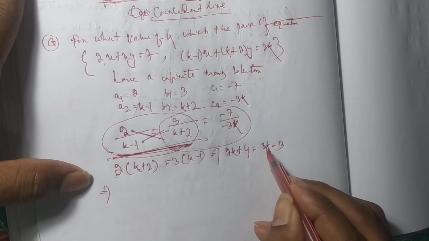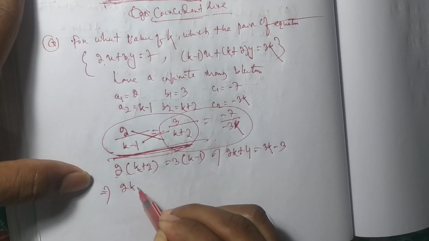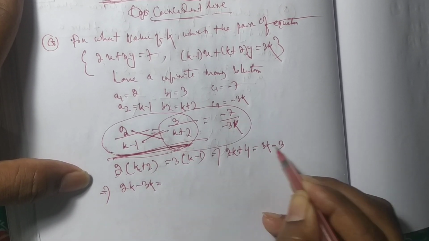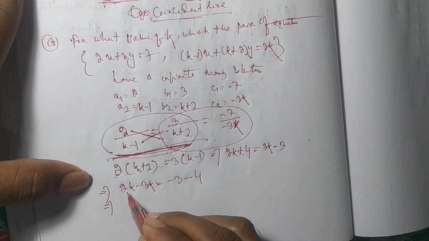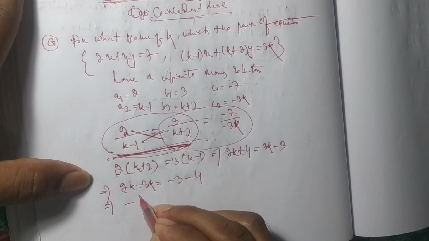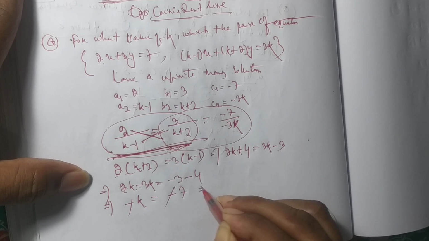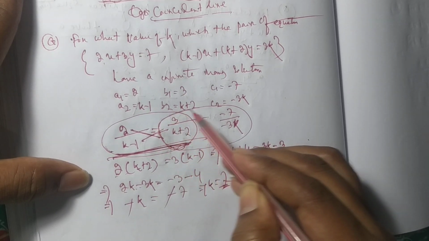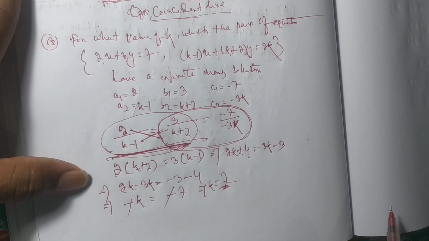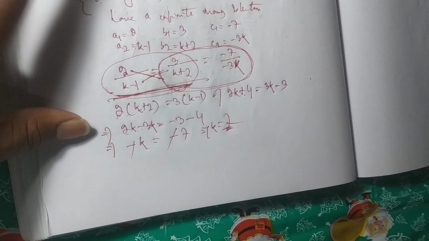Now take the variable to one side, so 2k minus 3k is equal to minus 3 minus 4, that is minus k equal to minus 7, minus cancels, so k is equal to 7. What is the k value? 7. If you compare the second one also, the same answer will come.